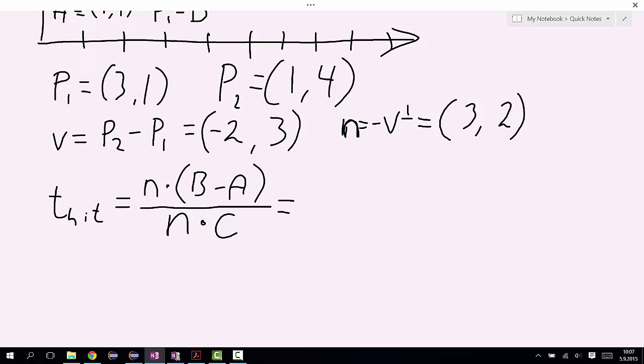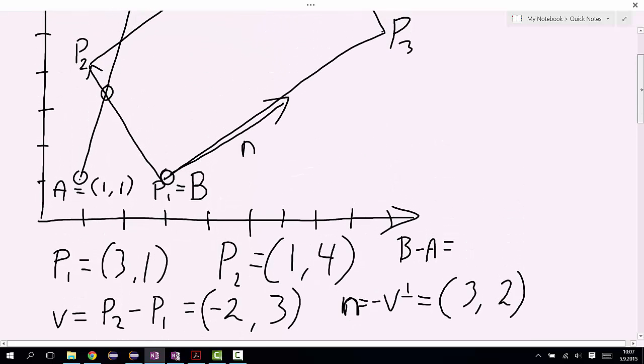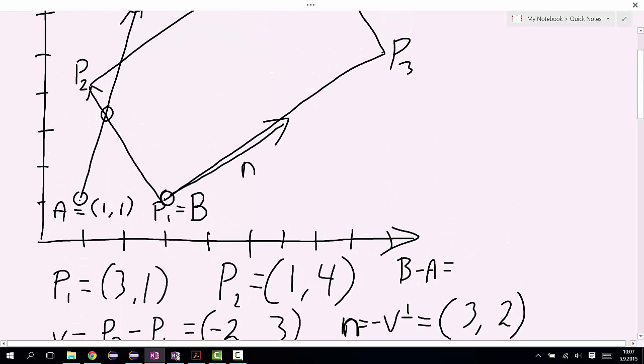Okay, so now we simply have to figure these things out. We can go up here and say B minus A, just to take that specifically. So P1, which is B, was 3, 1.